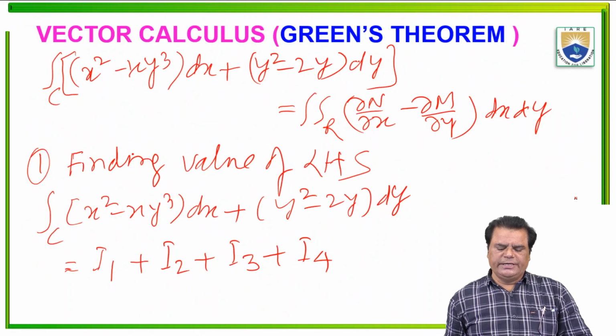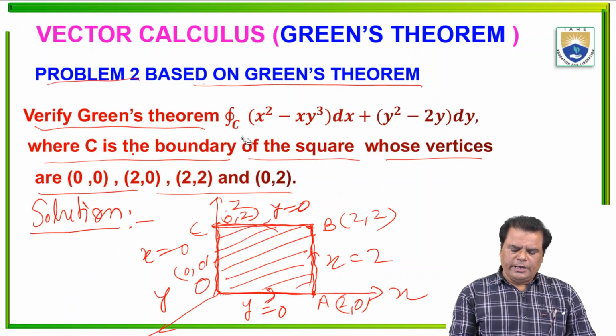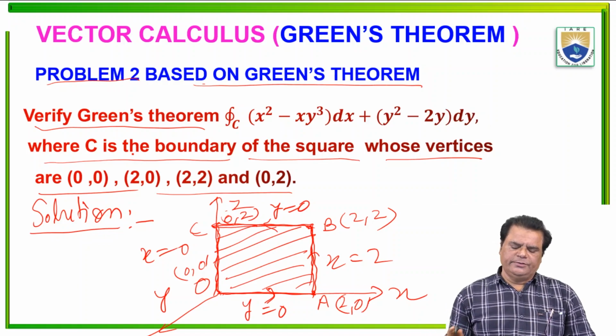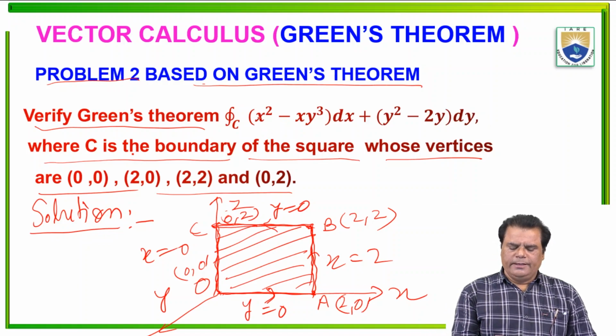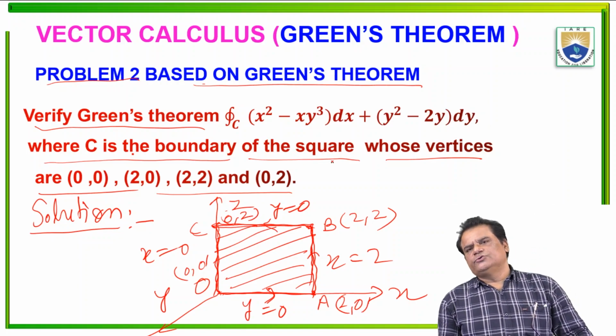What is the question saying here? Verify Green's theorem for the integral of x square minus xy cube dx plus y square minus 2y dy, where C is the boundary of the square whose vertices are these.